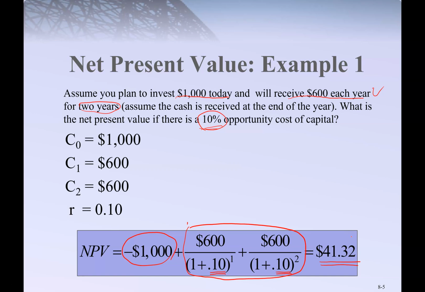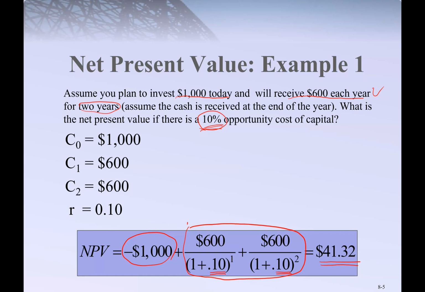Think about what it means. What it means is that if the company invests in this project, then the company will make $41.32 more than the alternative project that generates 10% return. So if the company actually invests in this project, the rate of return from this project should be greater than 10%. That's what it means.